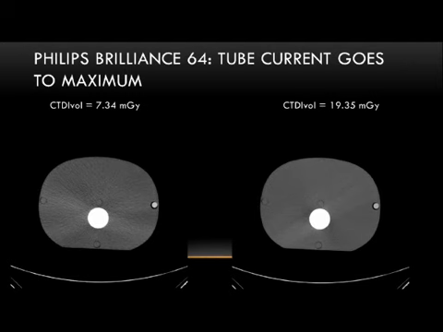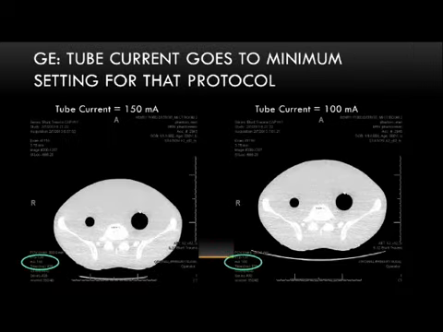So at this slice with the localizer radiograph used, the estimate of CTDI vol was 7.3. For the scan without the localizer, it went to 19.35 milligray. Obviously a lot better image quality here, but this is a really small phantom and probably not needed. So again, an extreme example where you're going way past where the localizer radiograph is, but that might actually happen occasionally in practice.